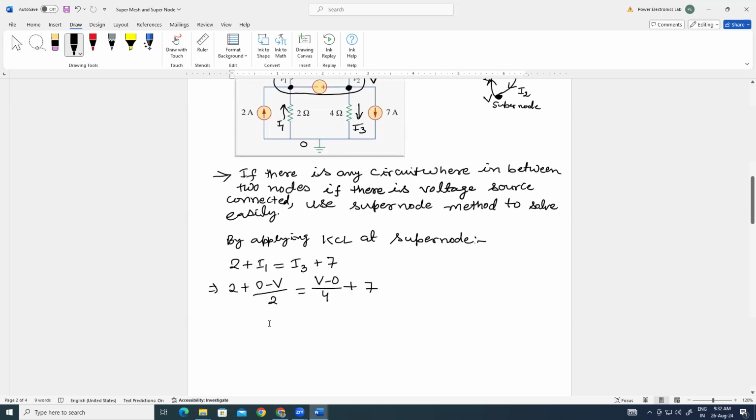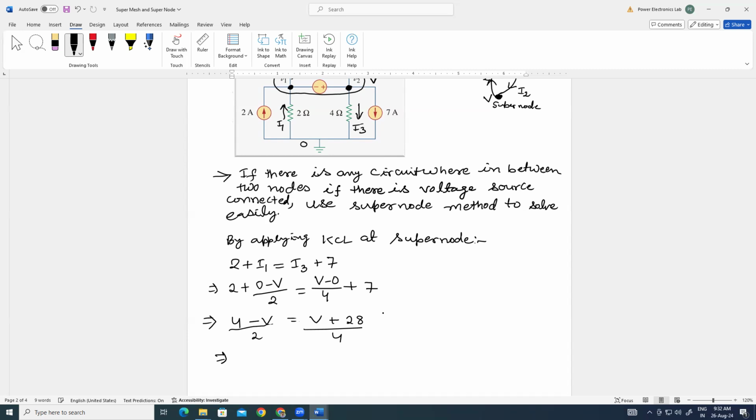So we can directly find out the value of V from this equation. 4 minus V divided by 2 is equal to V plus 28 divided by 4.